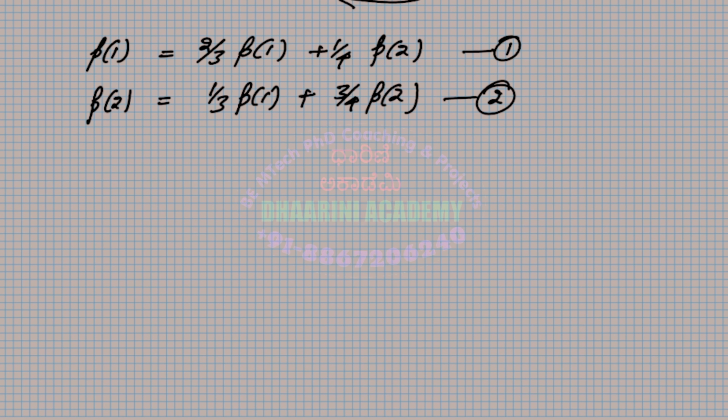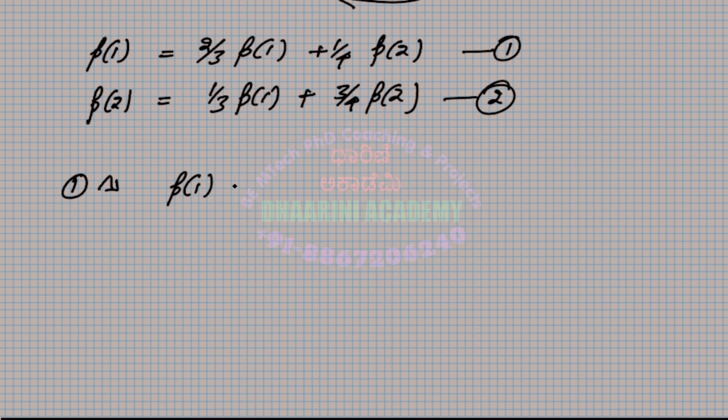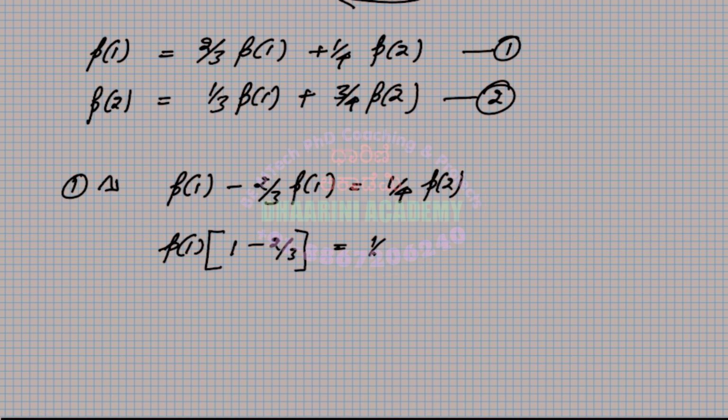So in the next step, we'll try to get the value of P of 1 from equation number 1. You can use any of the equations to get the values. I'll try to relate P of 1 and P of 2. So from equation 1, P of 1 minus 2/3 of P of 1 is equal to 1/4 of P of 2. So P of 1 into 1 minus 2 by 3 is equal to 1 by 4 times P of 2.